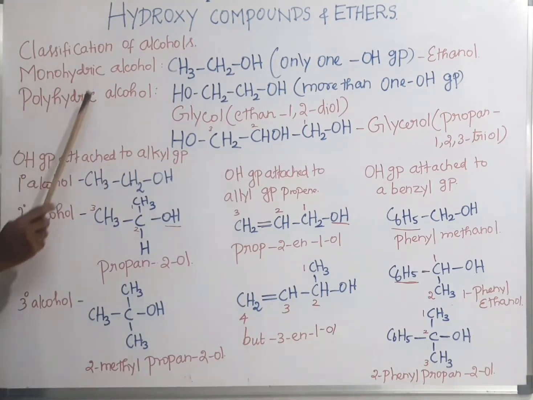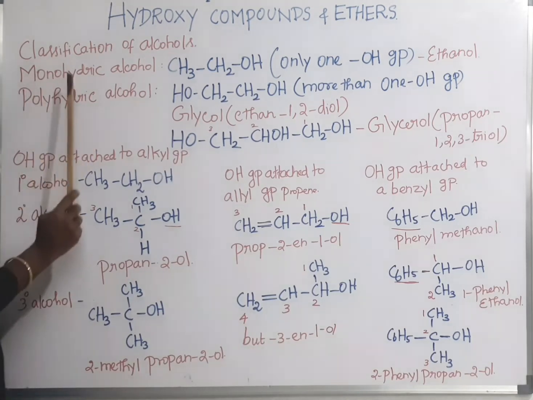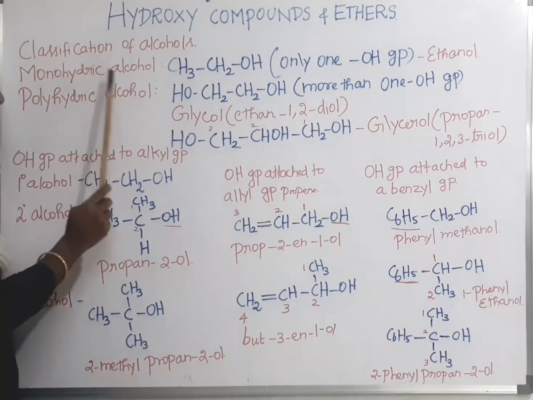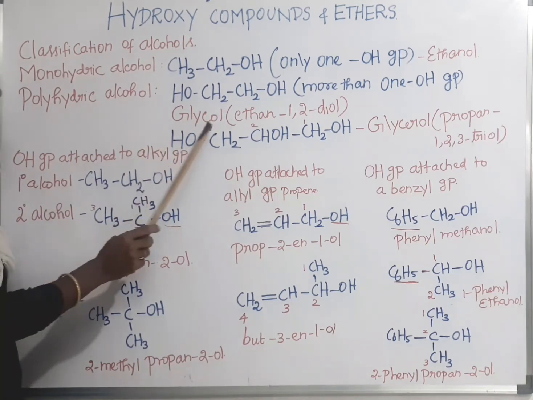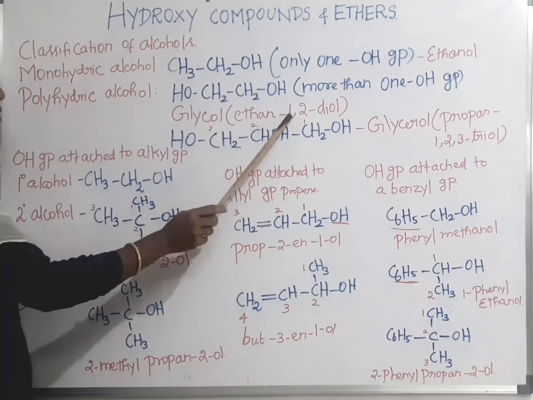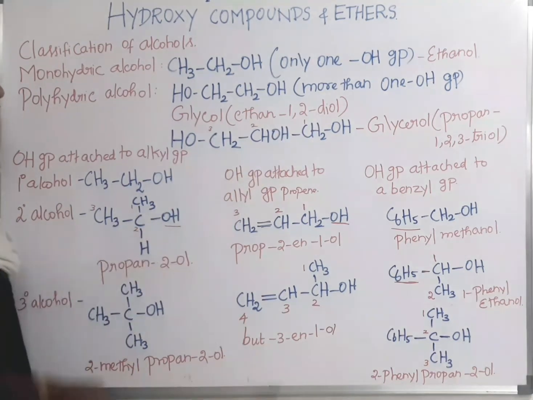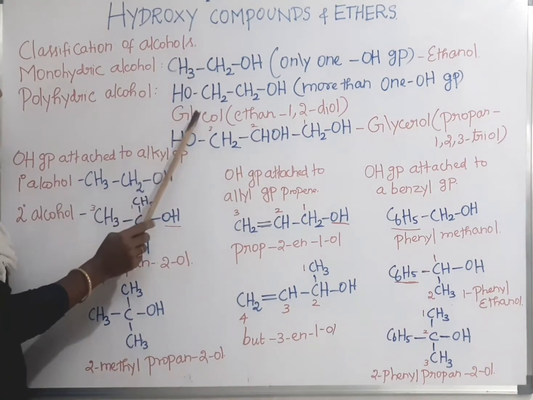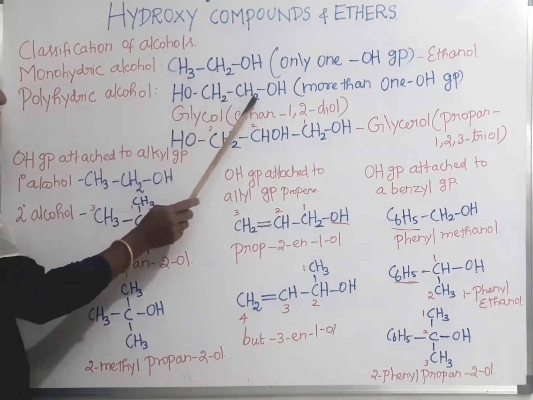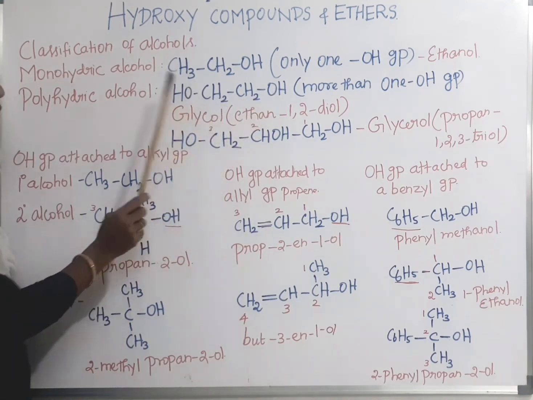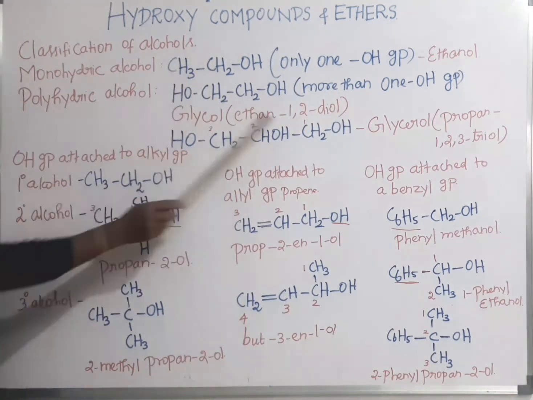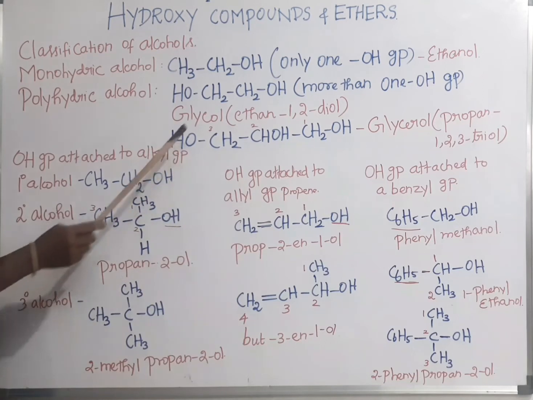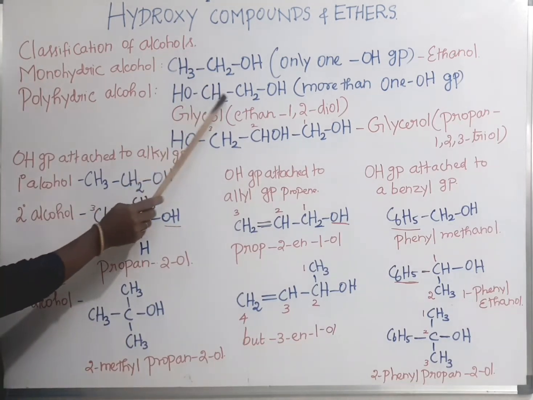Next, let us see about the polyhydric alcohol. Poly means many. An example for this polyhydric alcohol is glycol, otherwise called ethane-1,2-diol. Let us see the formula. The formula is CH2OH, CH2OH, that is more than one OH group; it contains two hydroxy groups. The formula for ethane is CH3CH3.